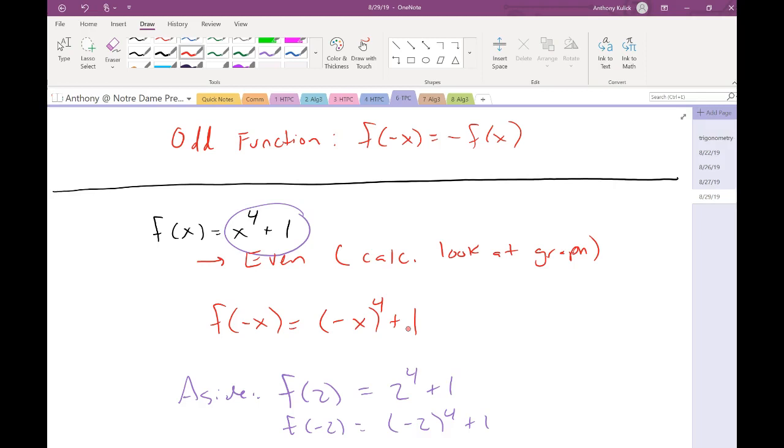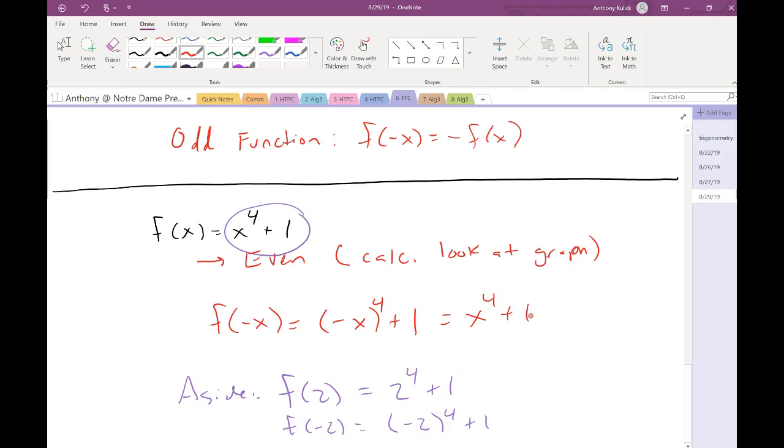Now I can simplify negative x to the fourth. That is just negative x times negative x times negative x times negative x, right? What do I get when I multiply 4 negatives together? A positive. I multiply the first 2 negatives together, I get a positive. I take that positive and multiply by the negative, it's negative. I take the last negative and multiply that negative, I get positive. So I'm going to get just x to the fourth plus 1.